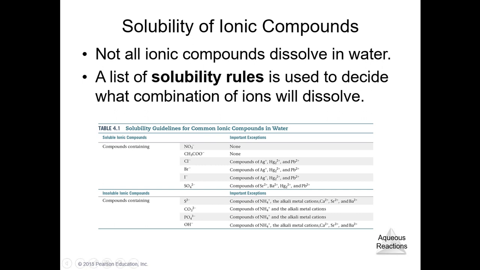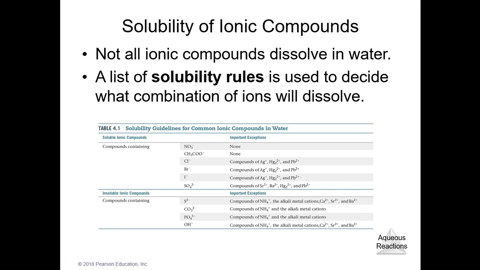Now the anions. If your compound has nitrate or acetate, the compound is for sure soluble. Chloride, bromide, and iodide have a special name, halides.